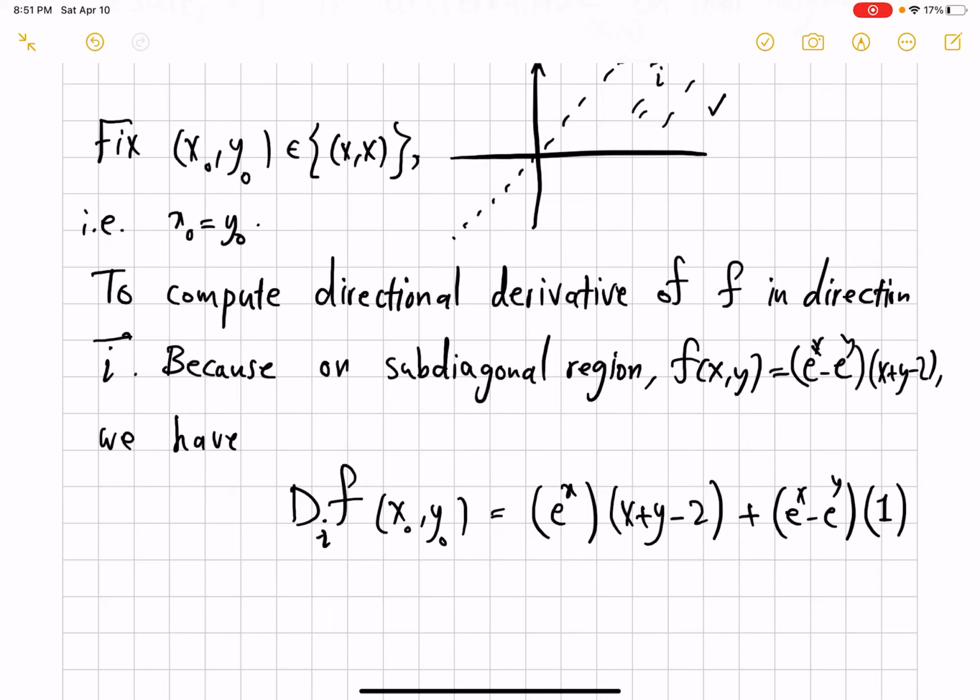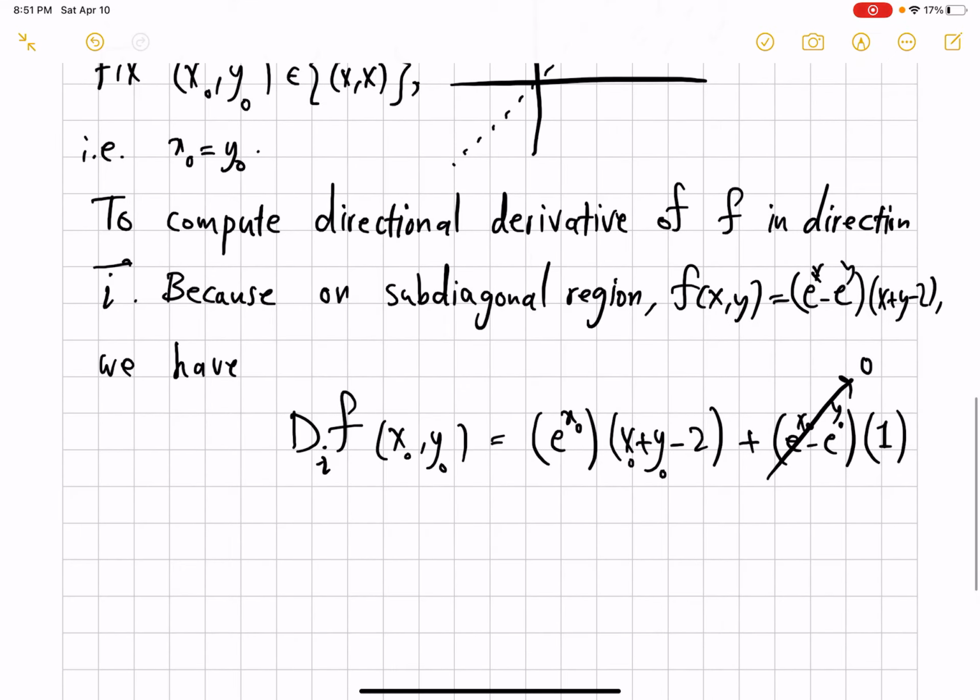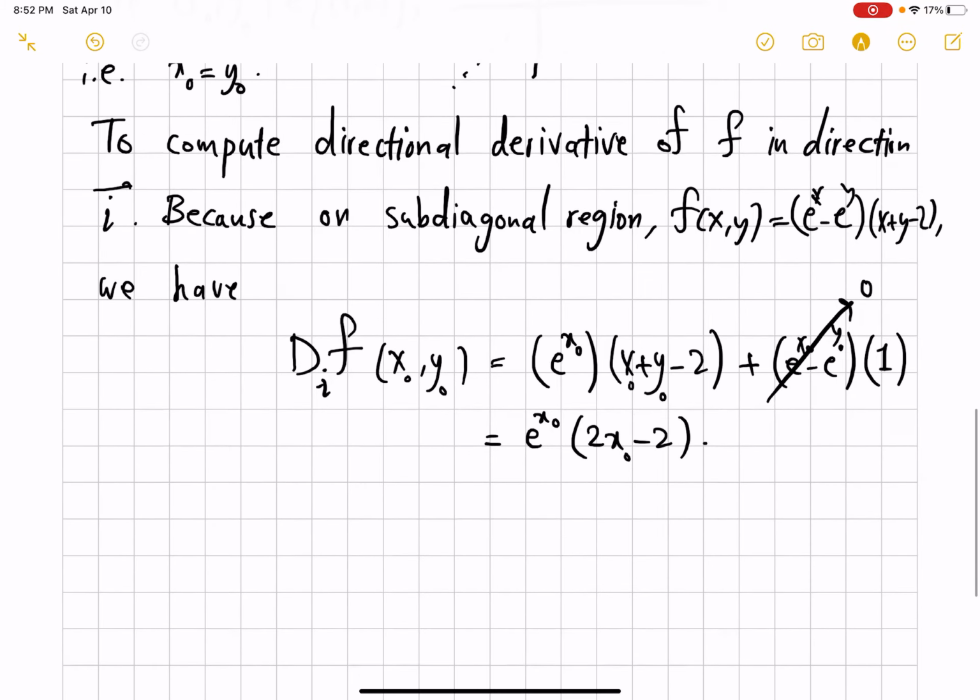So in this formula, I want to apply x0 and y0. But remember, this goes to 0 because x0 equals y0, and I'm left with this quantity. So the directional derivative in direction I will be e to x0 multiplied by 2x0 minus 2. That will be it.